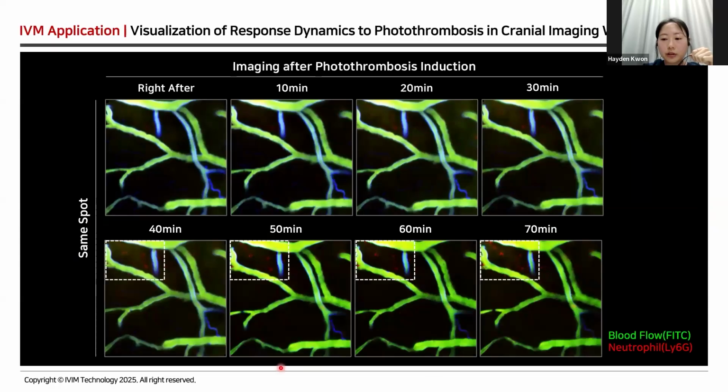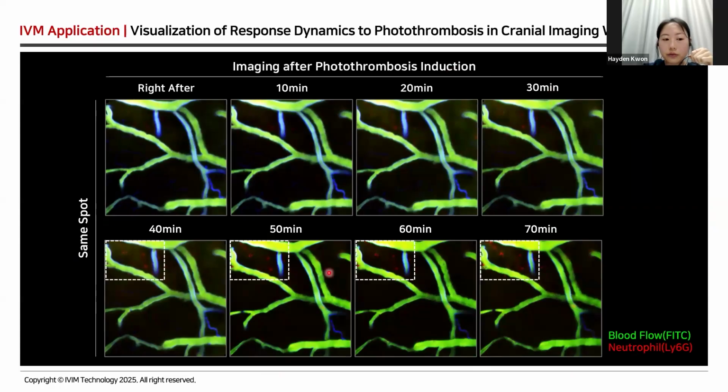After confirming that stroke induction using Rose Bengal could also be achieved in rats, we next sought to observe the immune cell behavior, the neutrophils, by applying our Lysx3-based in vivo labeling. Initially, no neutrophils were present in the cortex region.